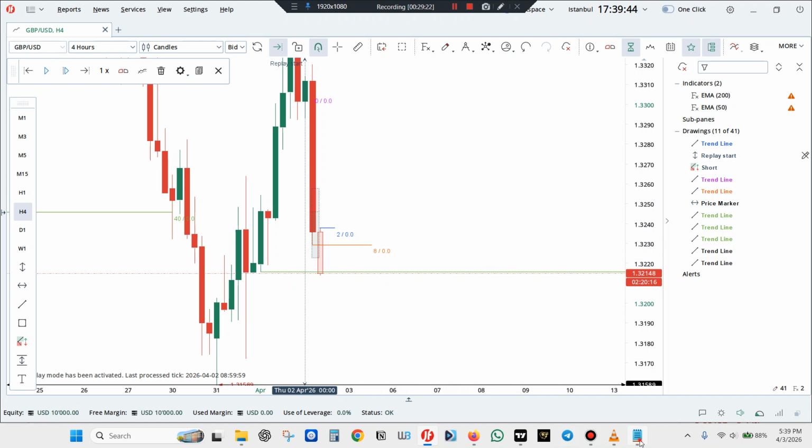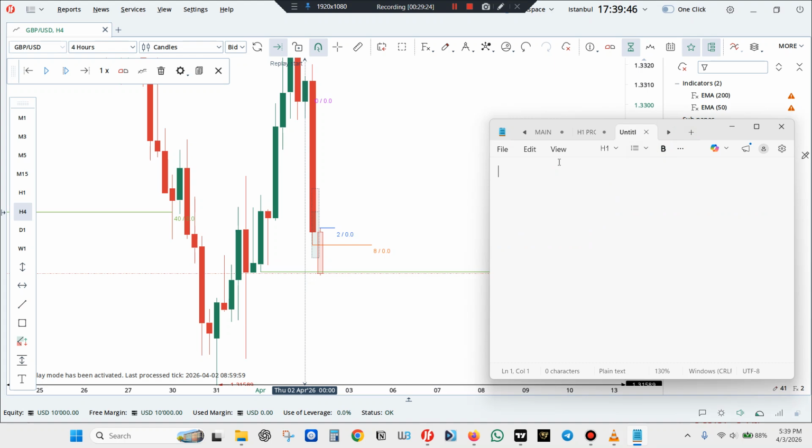So the lineup of our setups is like this. We start our setups by hunting for an inverse setup, and an inverse setup is always H1 profile.